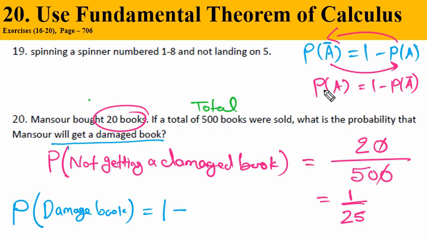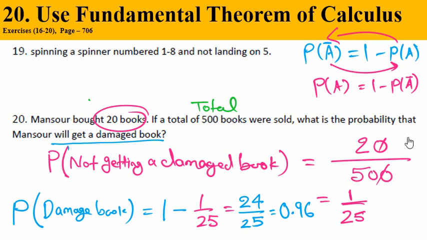So it works both ways, okay? So not damaged and damaged, we can work in both ways. So probability of getting a damaged book is 1 minus not getting a damaged book. So 1 minus 1 over 25, and you will get your answer as 24 over 25. That is your answer. If you want to change it to the decimal, that will be 0.96. And if you want to write in the percentage, then it will be 96%.